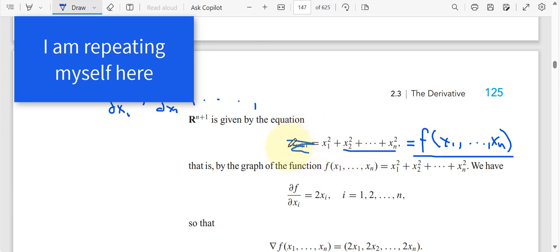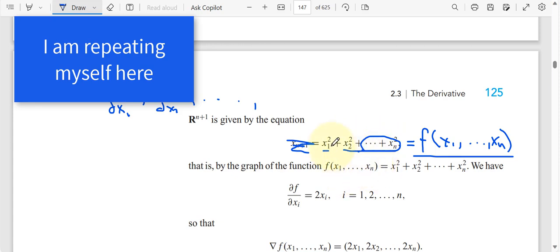And if you take the partial derivative of this thing, call it f or call it z, whatever you want, with respect to x2, then this is 0, and all this stuff is 0, and then we just get 2x sub 2.